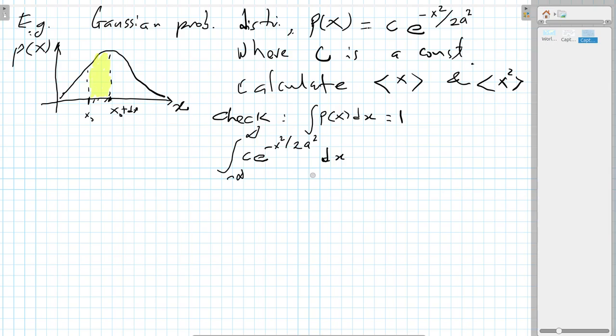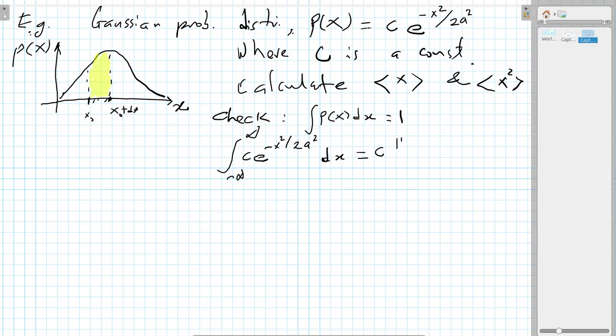Using a formula which we're going to talk about later, one can compute this integration. c is a constant, it can come out of the integration, and when you do the integration, I'm just going to give the answer here, but a bit later we're going to show how this is done, or if you've seen it before, then that's fine.